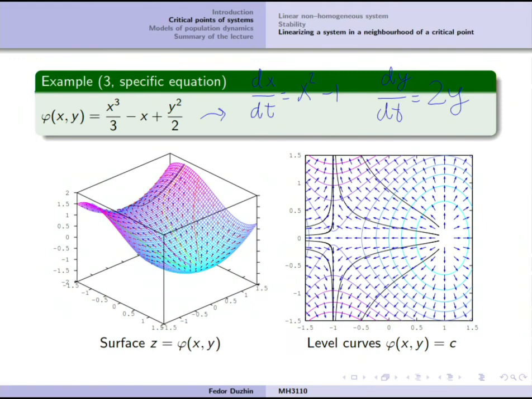Now, there are two critical points. If the right-hand side is 0, then x squared minus 1 is 0, which means that x is plus or minus 1, and y has to be 0. So we have two critical points, (1, 0) and (-1, 0).